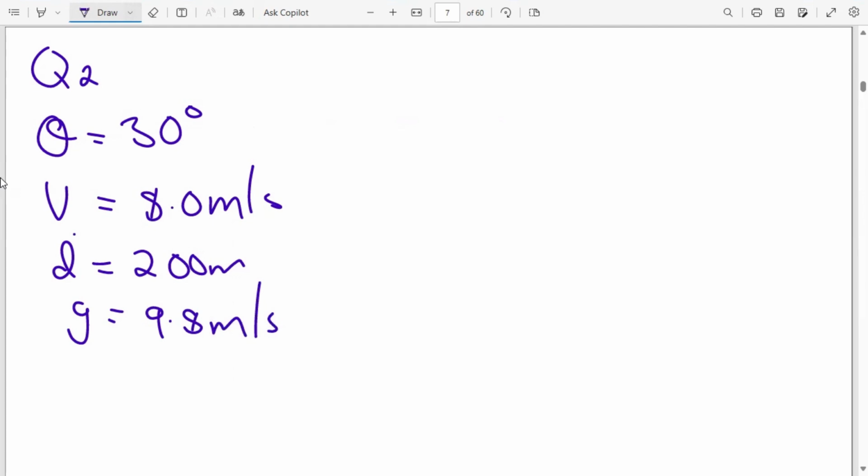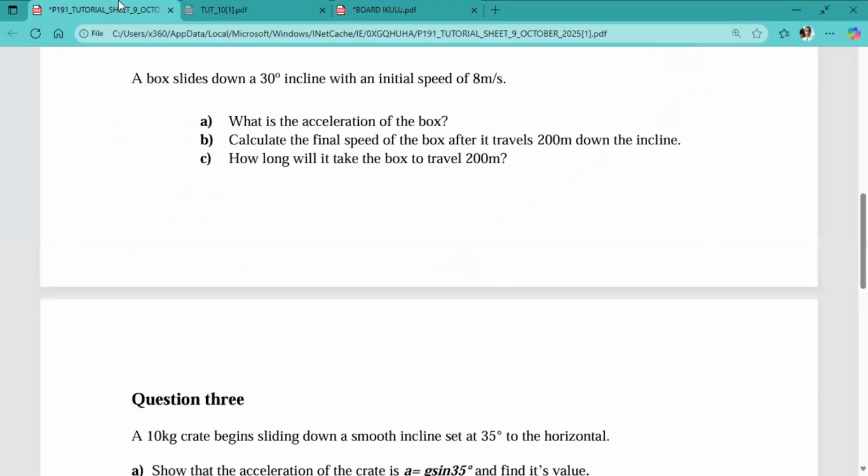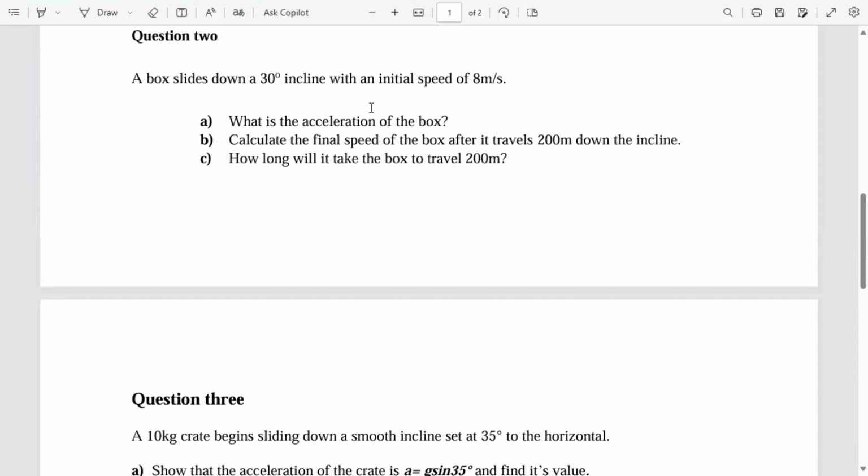Okay, so question A is saying we should calculate the acceleration of the box. They haven't mentioned anything about friction in this question, which means we're going to assume the box slides down a frictionless incline.